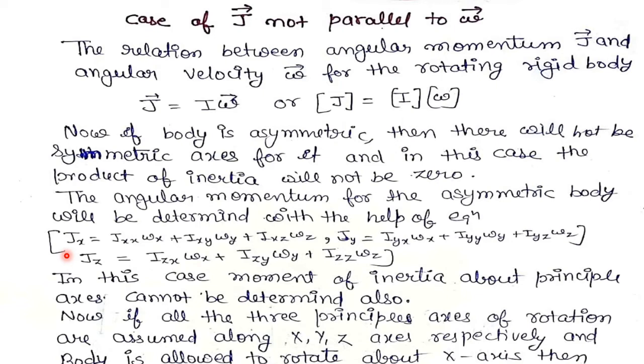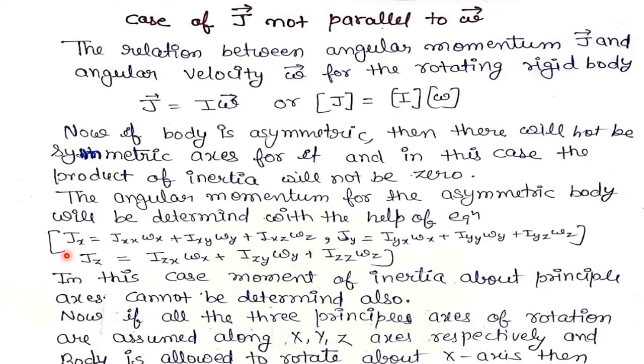We know the relation between angular momentum J and angular velocity omega for a rotating body is J equals I omega, where omega is angular velocity and I is moment of inertia.